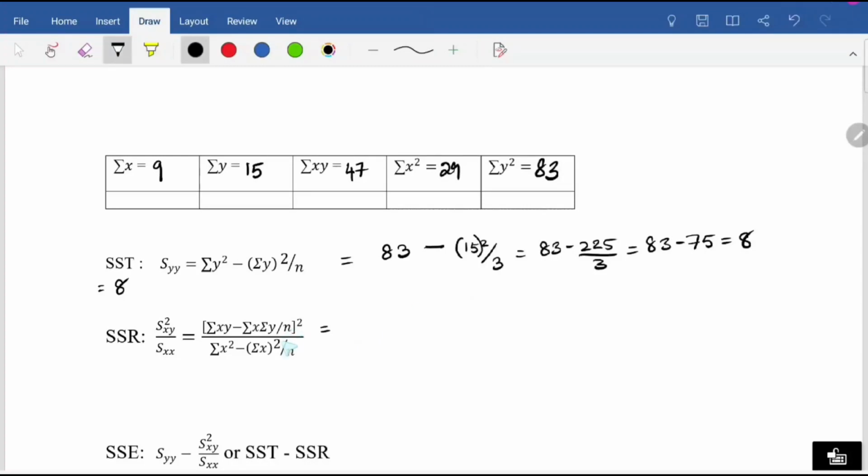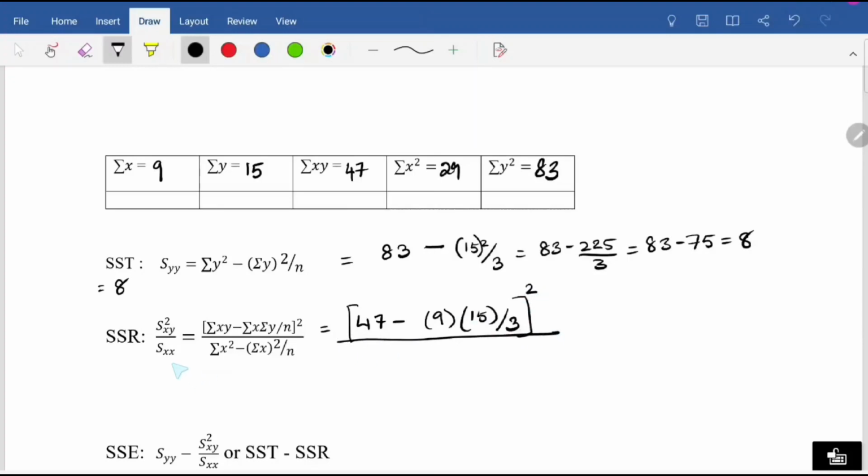Okay, I'm back now. I lost the page for a moment. So for SSR, we are in the calculation of SSR now. Sigma xy is 47 minus sigma x, which is 9, times sigma y, which is 15, divided by n, which is 3, but keep in mind you have to square the entire numerator.